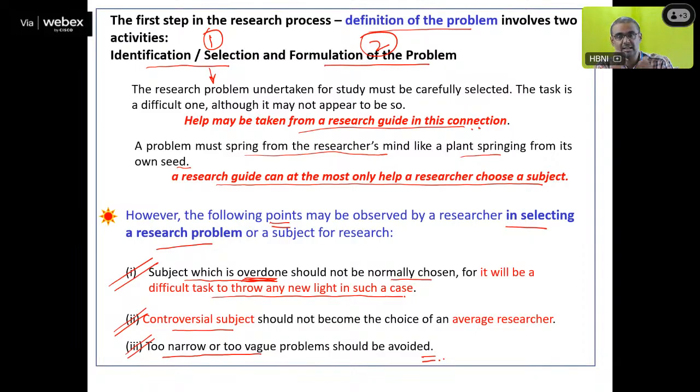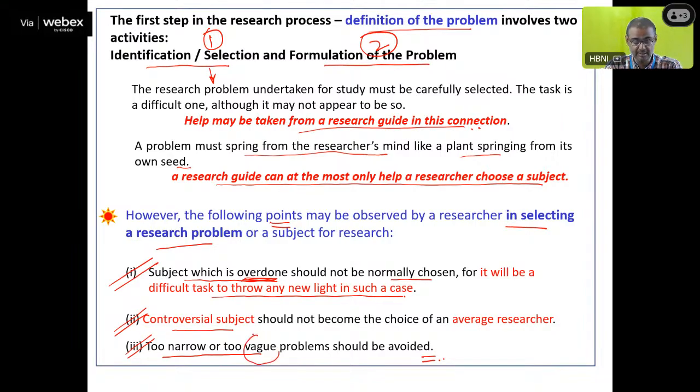I'm sure you all must have selected the research problem in a much broader context, although the research you are doing is in a narrowed down way. But it is always advisable to choose a broader problem. But it should not be too broad that it becomes vague.